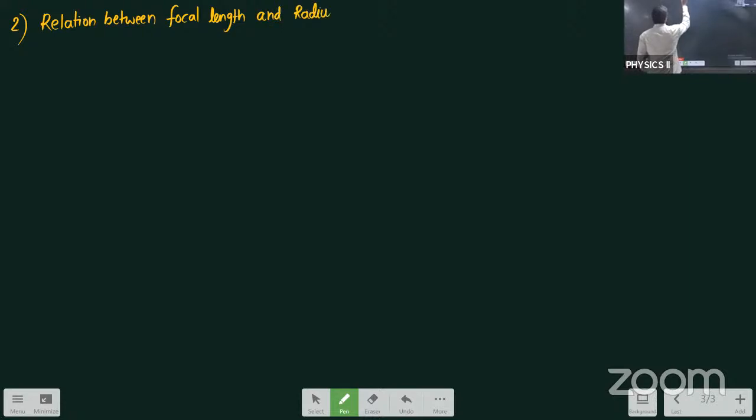So the second question from ray optics that we are going to discuss is the relation between focal length and radius of curvature in case of spherical mirrors.